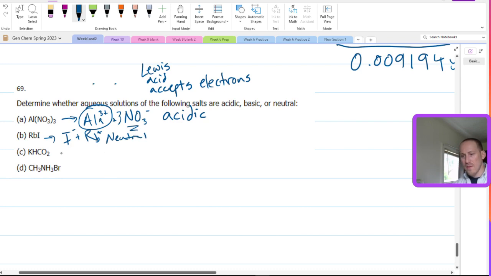Here we have a salt that's going to dissociate into potassium, which is the conjugate acid of a strong base, so that's going to be neutral. And then we have HCO2 minus. That's called bicarbonate. No, bicarbonate would have another O, it would be HCO3 minus.